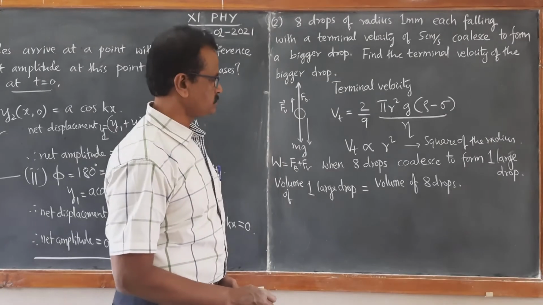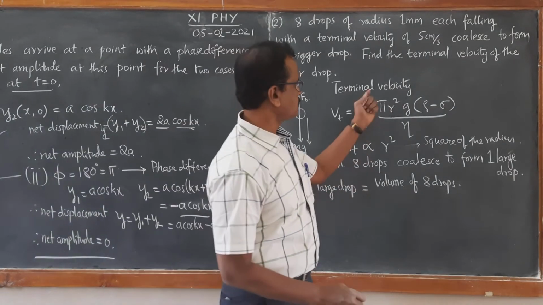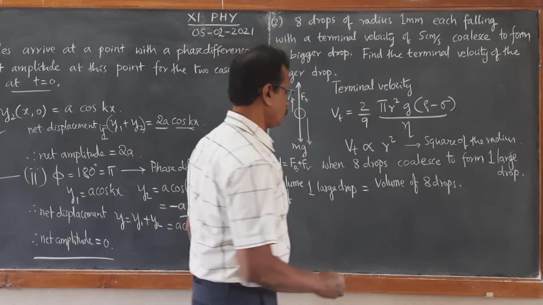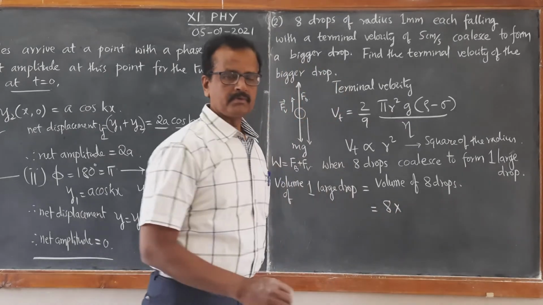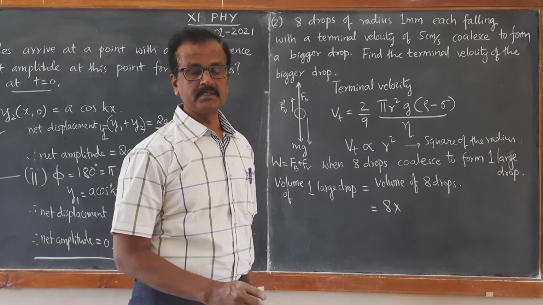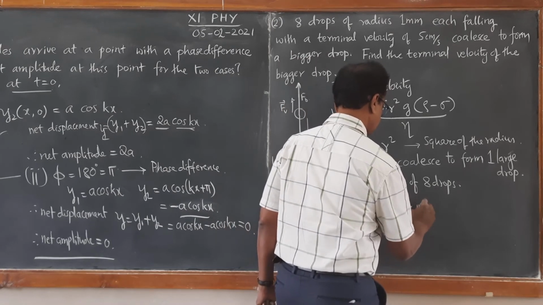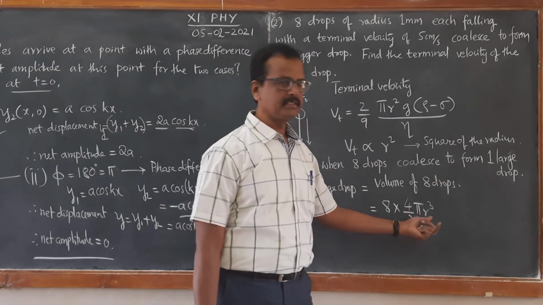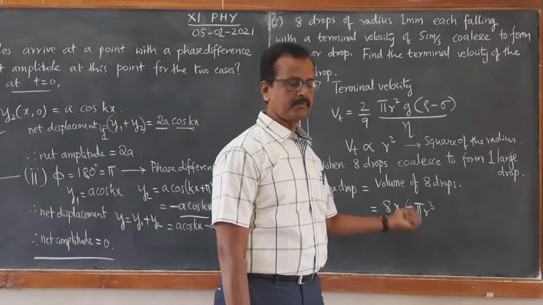Volume of 8 drops. We can find this out by assuming that these tiny drops have a small radius r. Then the volume of 8 drops becomes 8 times the volume of each drop, which is 4/3 pi r cubed. The volume of each drop is the volume of a sphere, a spherical drop, right?